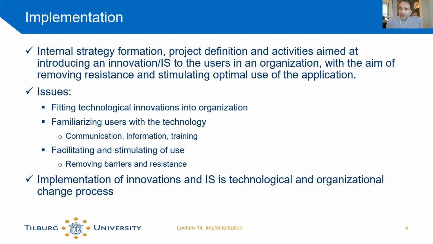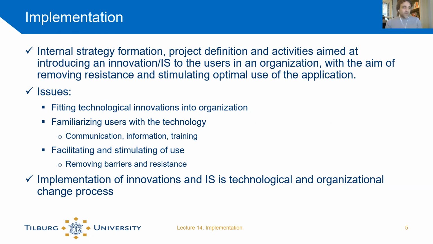This relates to the lecture about people and innovation. You have to convince people that a new technology is useful and easy to use. And we discussed the factors that affect perceived usefulness and perceived ease of use in the lecture on individuals and innovation. In general, these factors that we discussed there, like output quality, image, subjective norm, perceived ease of use, and the factors affecting it, are all very important.